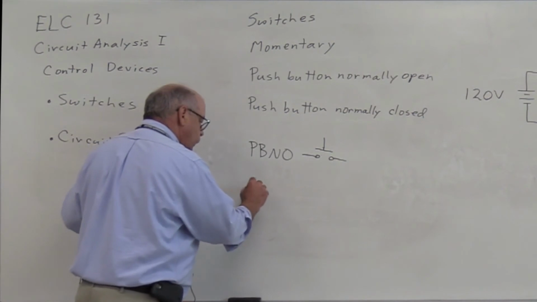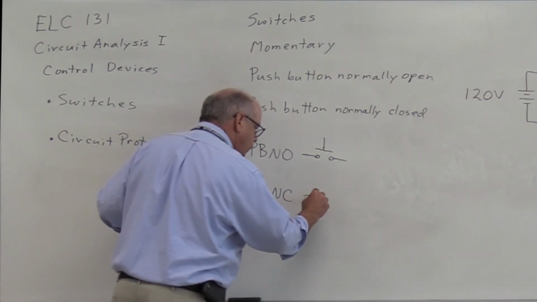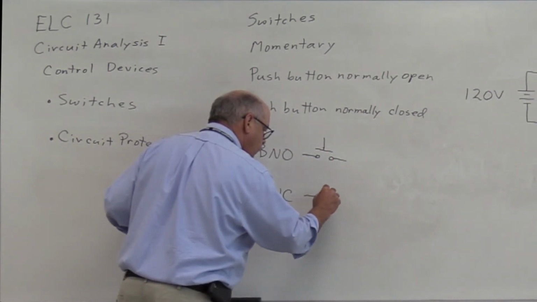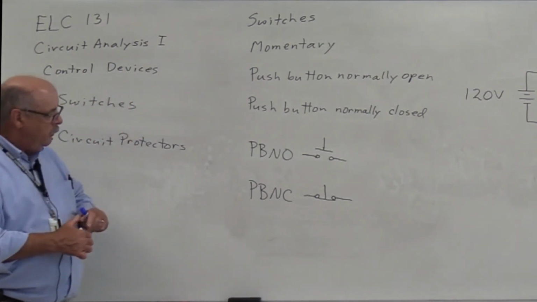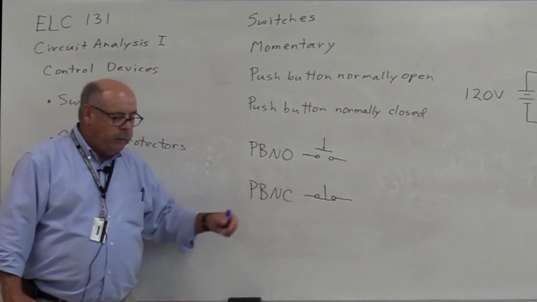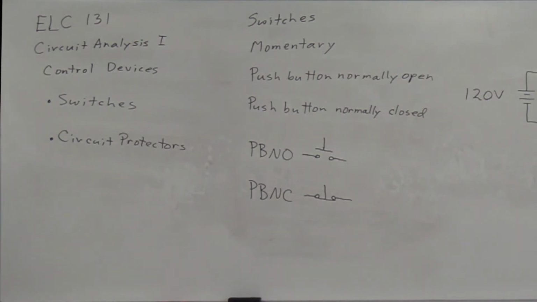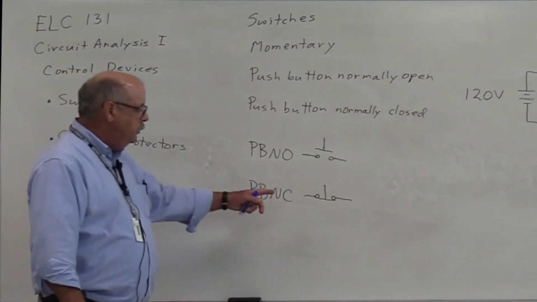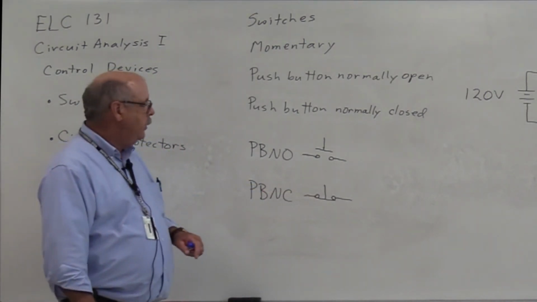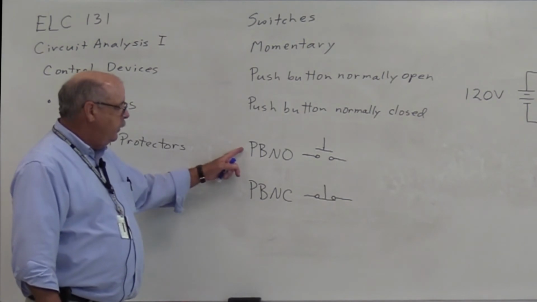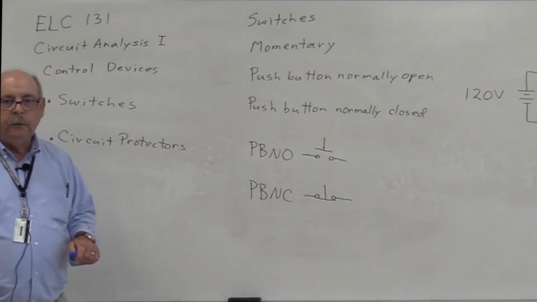And the push button normally closed switch is represented with this schematic symbol, showing that in the normal condition, the normal position, the switch contacts are closed and depressing the button opens the circuit. So push button normally open, push button normally closed.